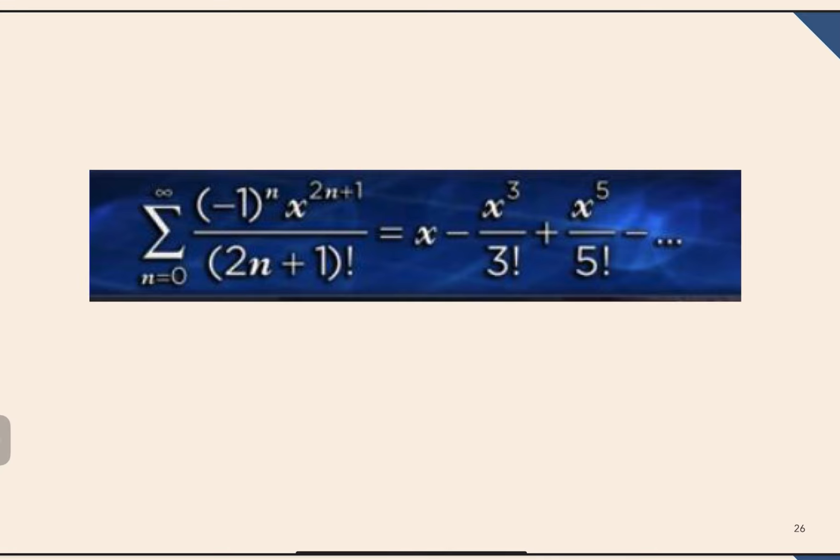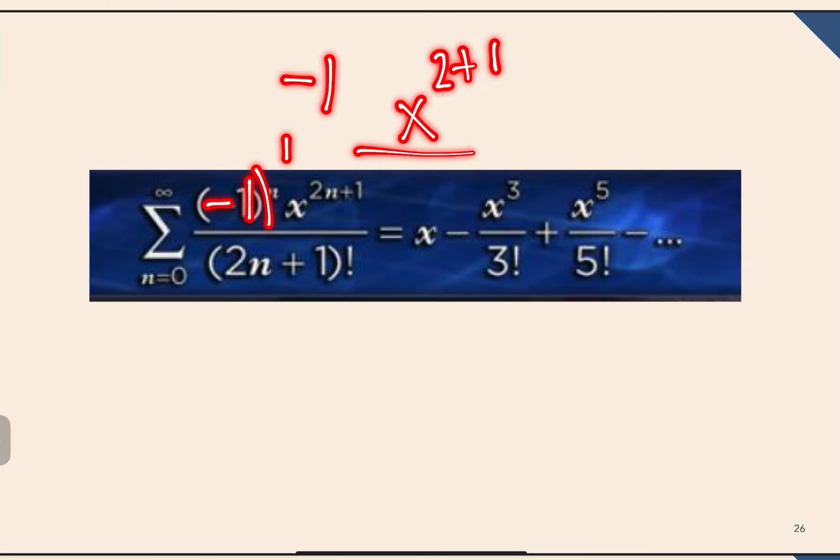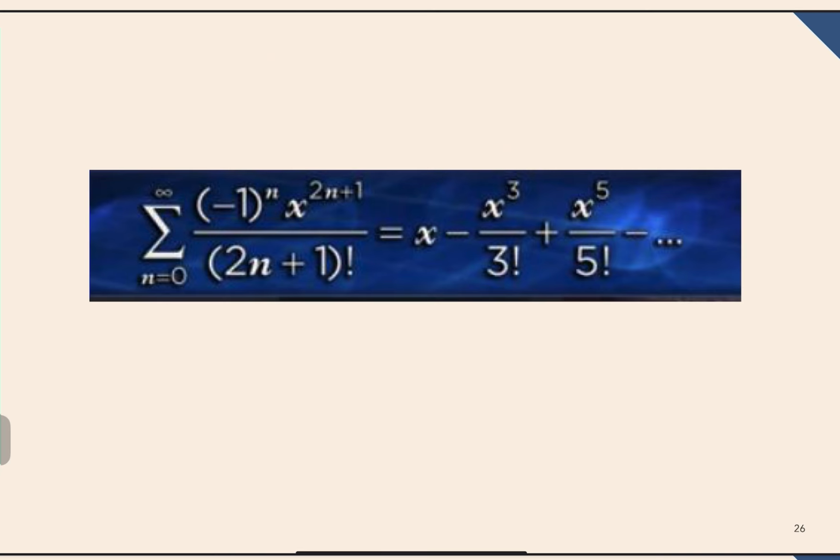What about the second? When n is 1, negative 1 raised to 1, so that's negative 1. x raised to 2 times 1, 2 plus 1, so x cubed all over 3 factorial. Because of this minus sign, it's minus x cubed over 3 factorial.